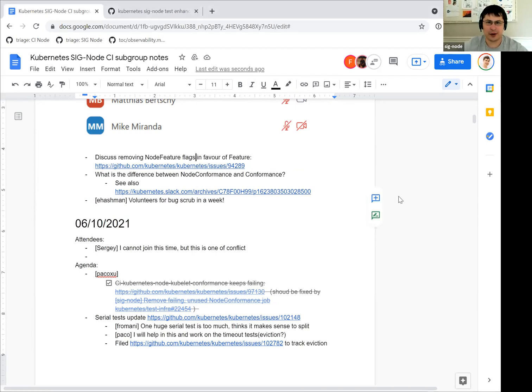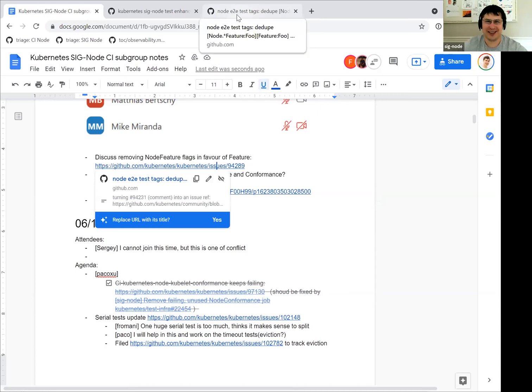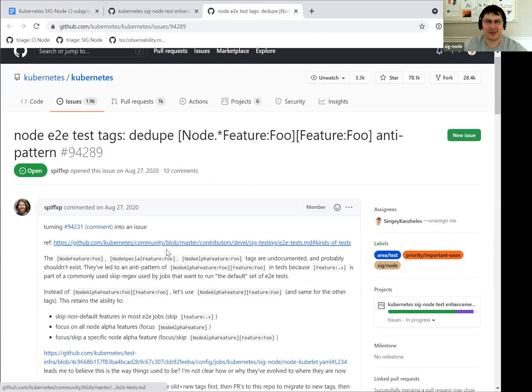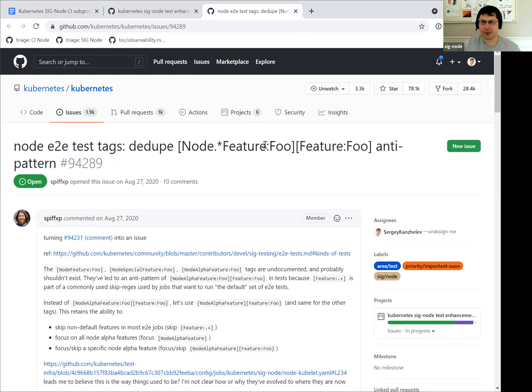First topic, I don't know who added it, feature versus not feature. Node, not a feature. There is a suggestion about a pattern in the test tags that we create: node feature, and then node feature foo, and sometimes node alpha feature or node beta feature with the same name.